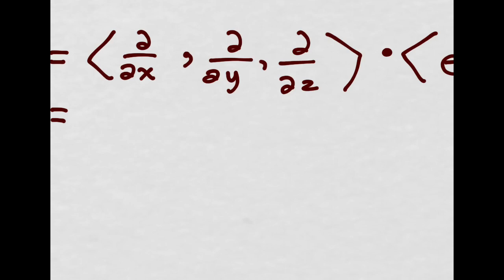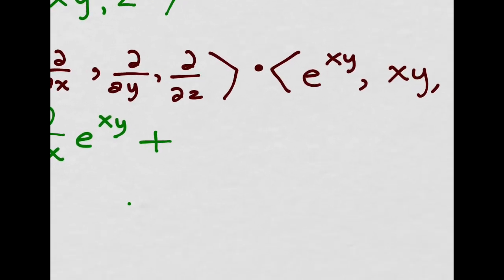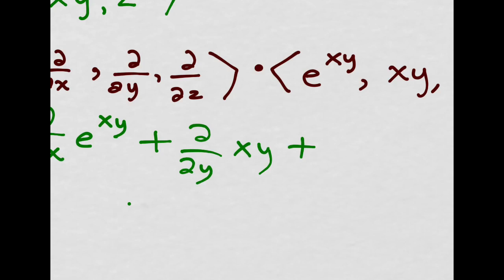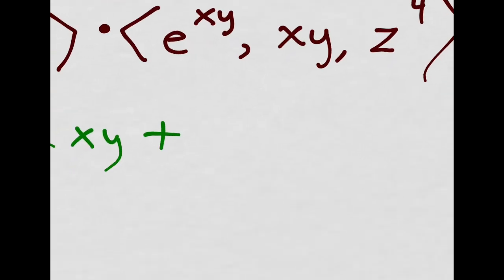So you have d/dx of e to the xy, plus, so this is where you add in between multiplication, d/dy of xy, plus d/dz of z to the 4th.